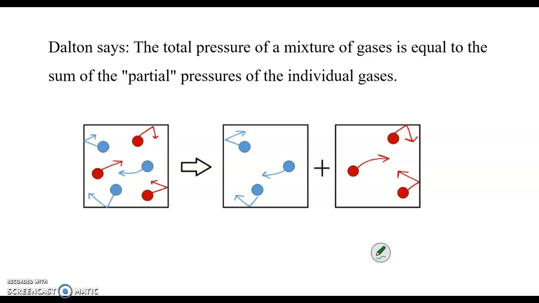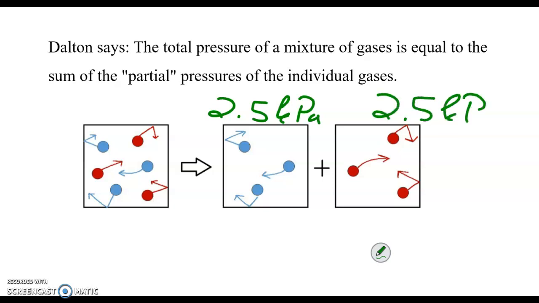From a calculation standpoint, if the blue gas has a pressure of 2.5 kilopascals, and the red gas also has a pressure of 2.5 kilopascals because it is in the same container and has the same number of molecules, if we wanted to know the pressure of the mixture of those two gases, when we combine them, we would just add their pressures together and get 5.0 kilopascals. Remember that since we are adding, we do need to maintain that tenths decimal place in our product.